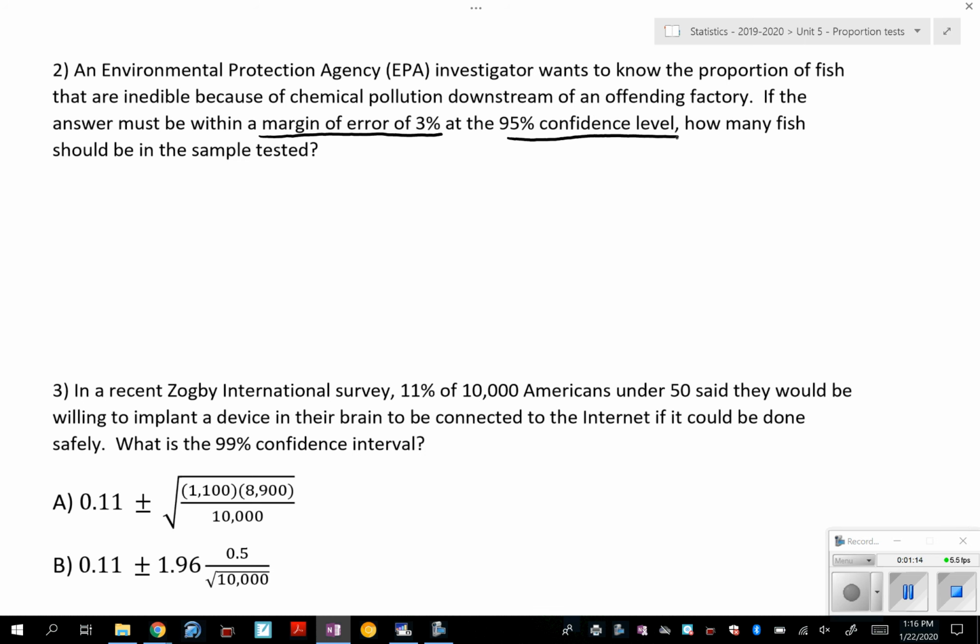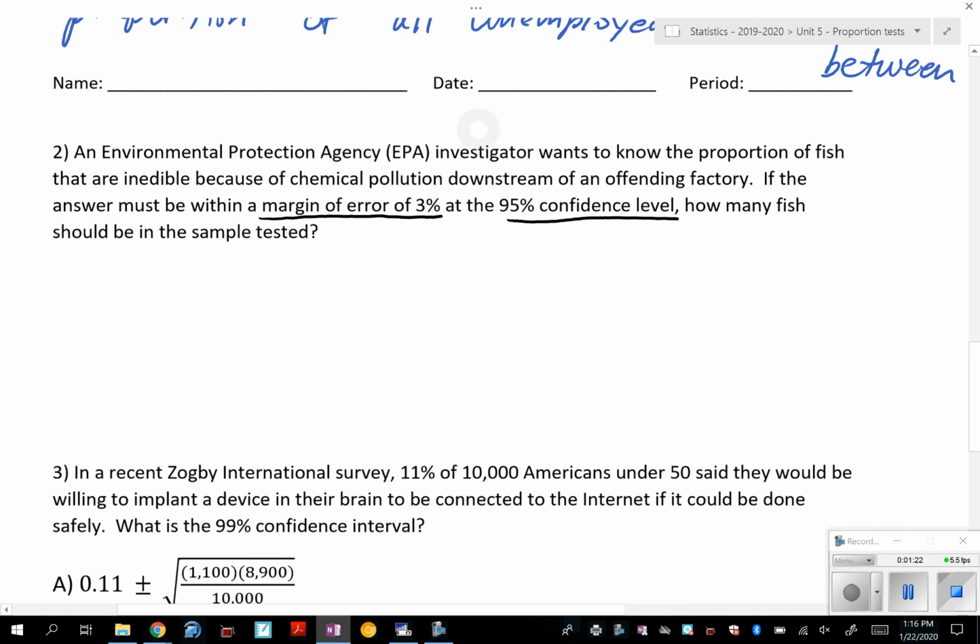Okay? So, let's go ahead and write down the formula that you're going to get for tomorrow's quiz. You're going to get this formula: p hat plus or minus z star times the standard error of p hat. And you're also going to get the formula: standard error of p hat equals the square root of p hat times q hat over n.